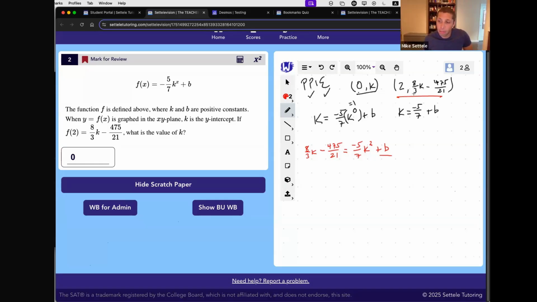Because I have this equation here. If I get b alone, and this is probably, honestly, the hardest part of this, because this is the first time I have to think about something. Everything I did before that was just very robotic. I have points, I'm going to plug them into the equation. But now I get that k plus 5/7 is equal to b, and I can do a little substitution.